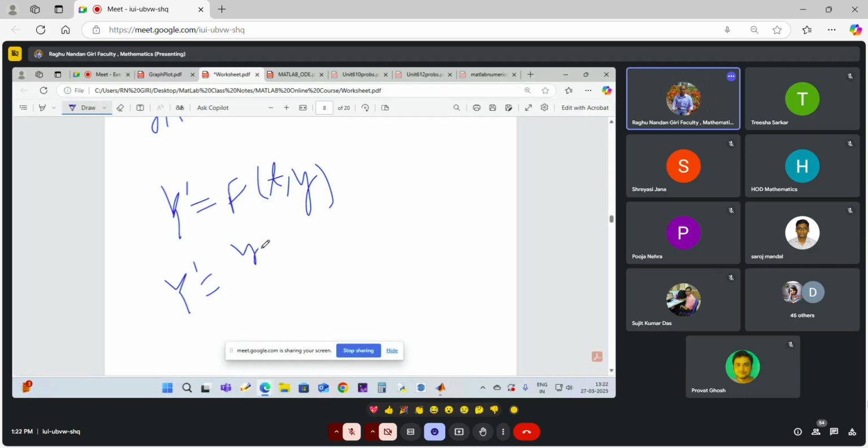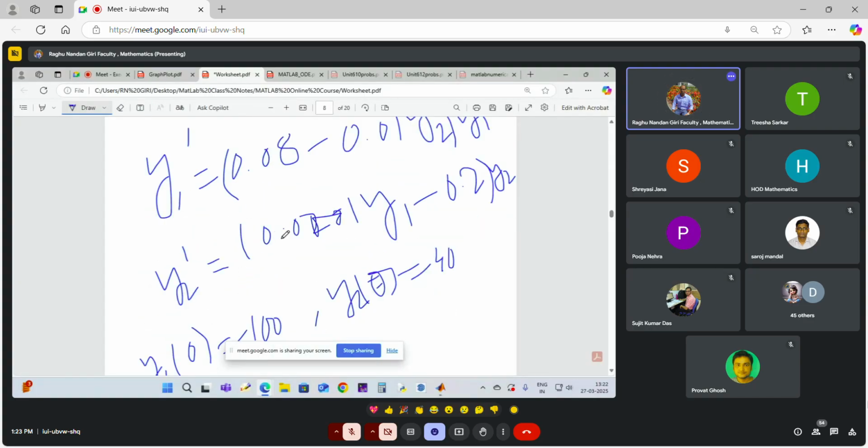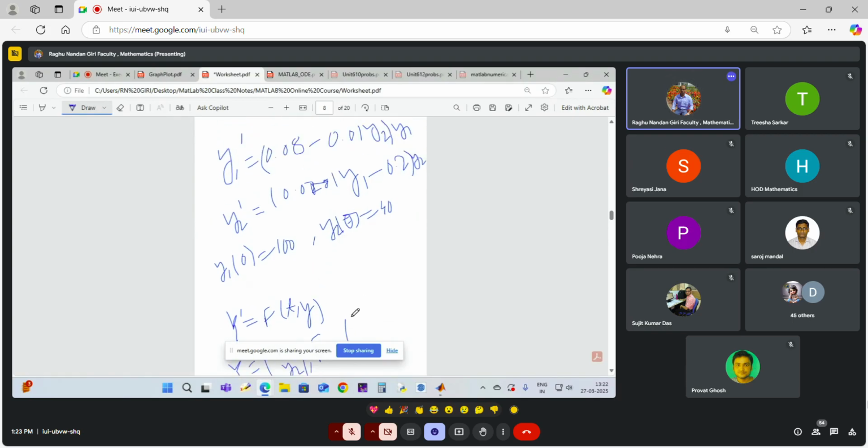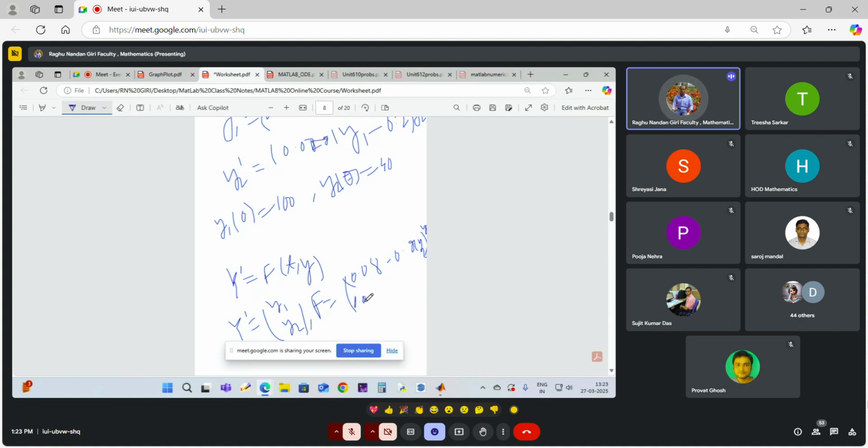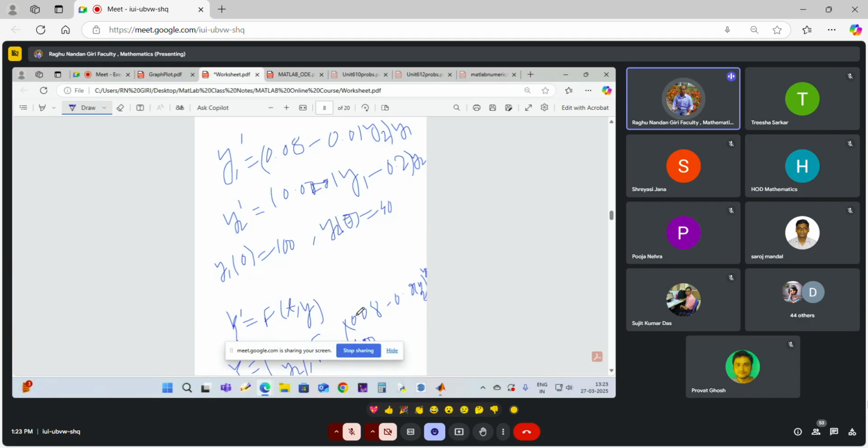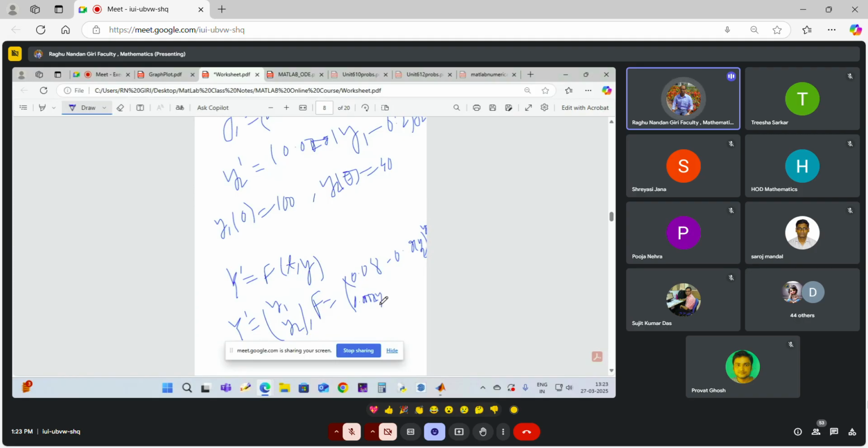Capital Y dash means y1 dash, y2 dash, and F equals 0.08 minus 0.01 y2 into y1, and 0.0001 y1 minus 0.02 y2.